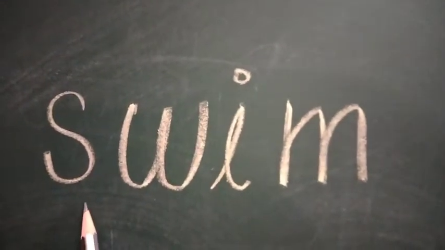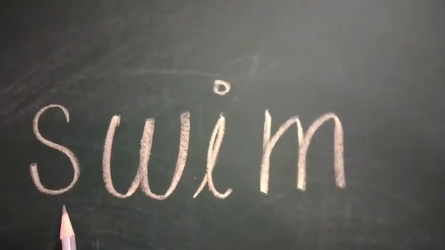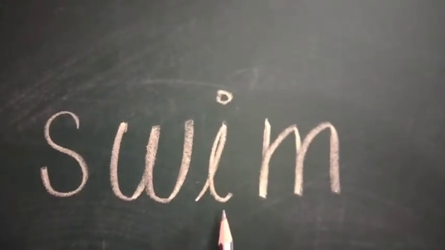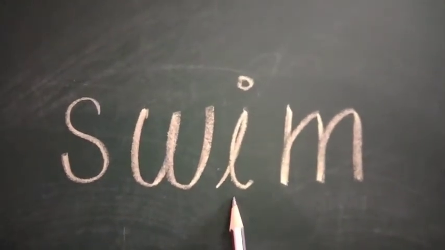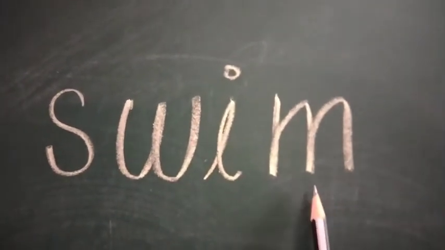I find the beginning blend sound is sw. Say along with me, sw. And then the middle sound, e. And then the end sound.